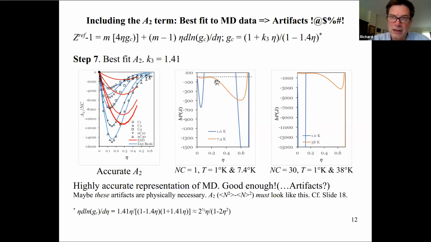Let's say I got a journal article to review, and they said there's going to be this liquid-liquid phase behavior inside there for argon. I would say, okay, show me the surface tension from that. Does that agree with the observed surface tension for argon? I would want to know that before I say that's a good idea.